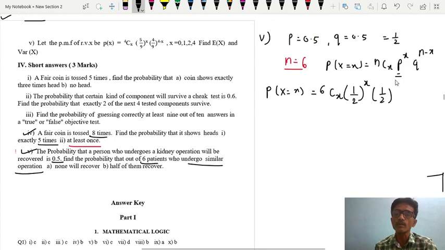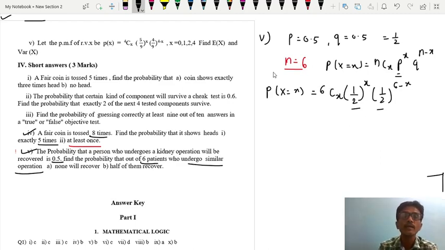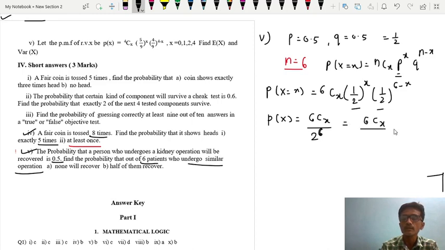So n is equal to 6, so 6 minus x, and it is 1/2 again. Therefore we can write probability P of x is equal to 6Cx divided by 2 raised to power 6, that means 6Cx upon 2 raised to power 6, 64.